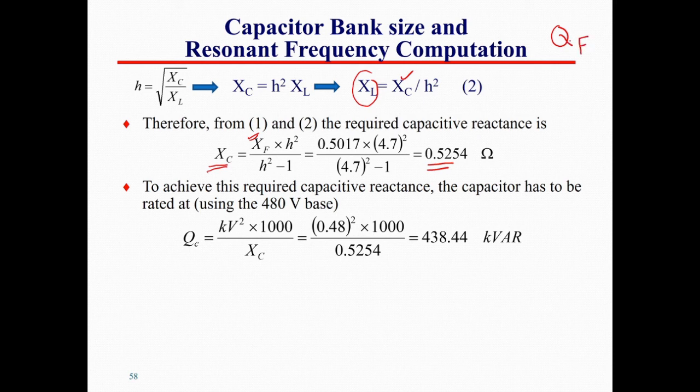By subtracting the initial Q minus the new Q, that gives us the reactive power of the filter. But now we have to calculate the reactive power of the capacitor bank. So we know the voltage, we know the inductive reactance. Then we can calculate what will be the reactive power that is supposed to be provided by the capacitor bank, and it is found to be 438 kilovolt ampere.